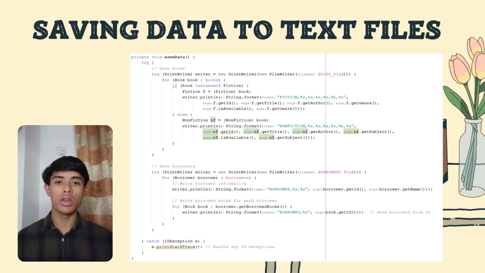For books, we store attributes like ID, title, author, availability status, and genre for fiction or subject for non-fiction. For borrowers, we store the ID, name, and the IDs of books they have borrowed. The method uses file writers and loops to process objects in the list and write them line by line.